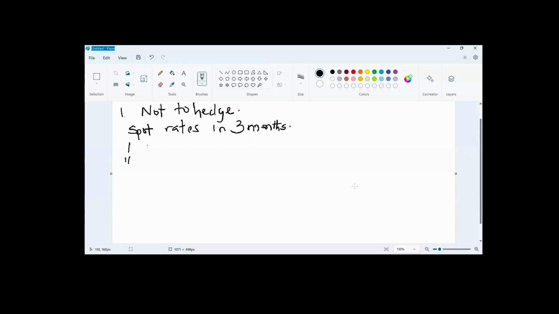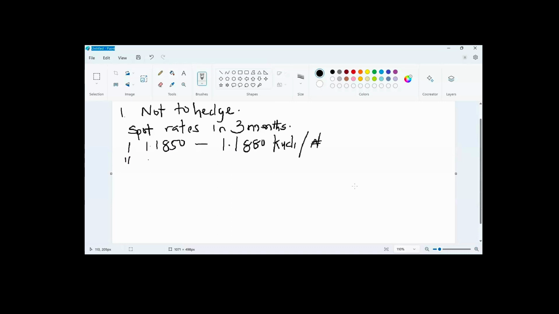If the spot rates happen to be 1.1850 to 1.1880, Kudi per Naira.